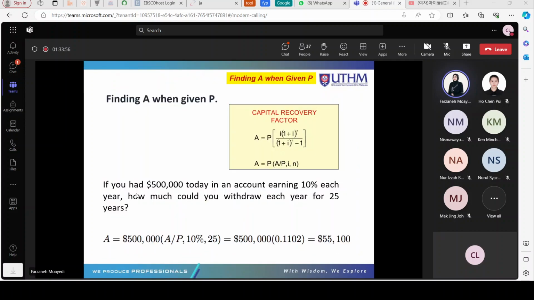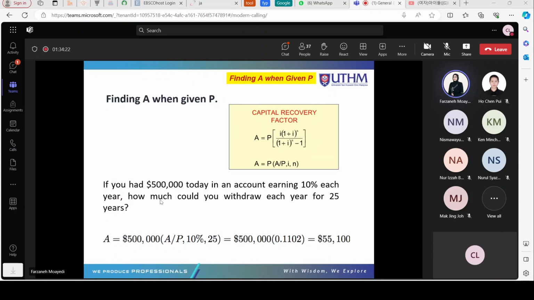Okay, so next one. If you had 500,000 today in an account earning 10% each year, how much could you withdraw each year for 25 years? So you can read it one more time slowly. If you had 500,000 today, so it's something talking about today, right now, present.